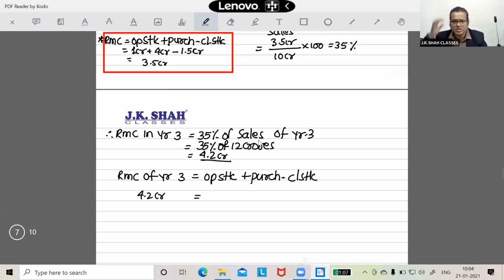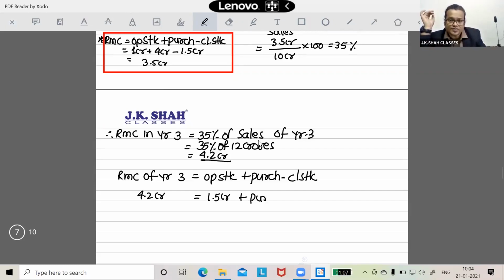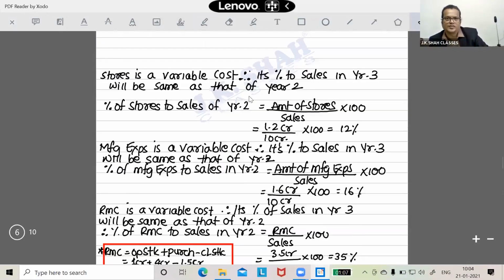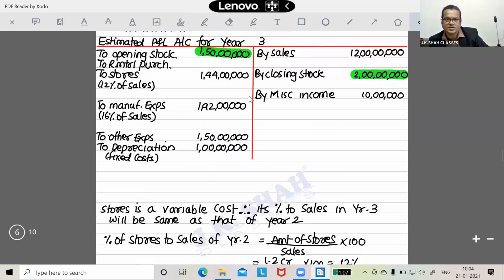Opening stock, check out, 1.5 CR. You will be able to see it in your solution. Closing stock 2 CR. This is minus 0.5, that goes to that side as plus 0.5. So purchases would be 4.7 CR. 4.7 CR means 4 crore 70 lakhs.